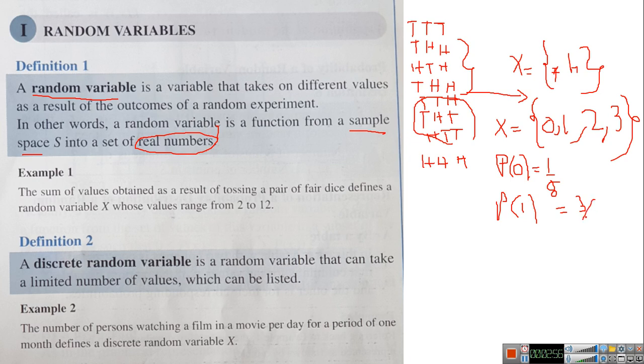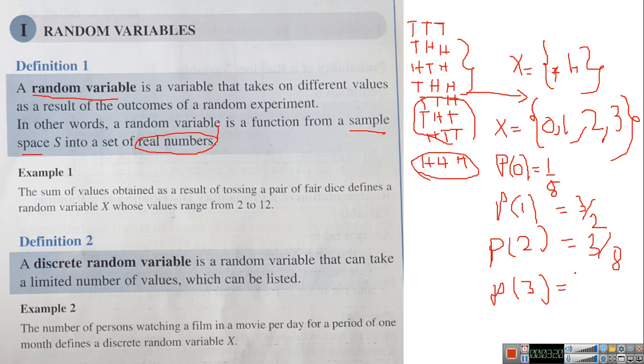Similarly, P of 2: I want 2 heads and 1 tail. So also I have 3 arrangements. Each one is half times half times half, so it's also 3 over 8. And the last one, P of 3: I have 3 heads, so it's 1 over 2 times 1 over 2 times 1 over 2, which is 1 over 8.